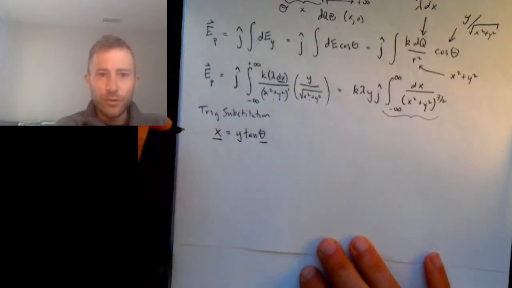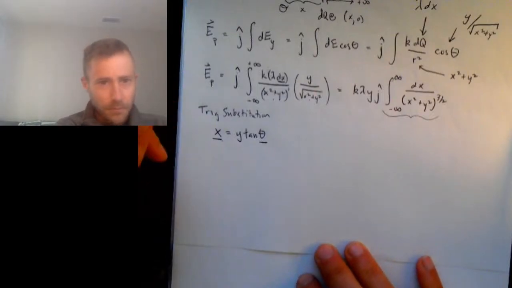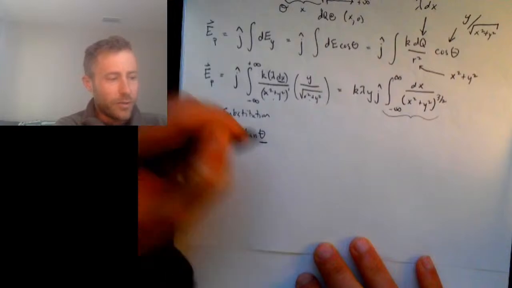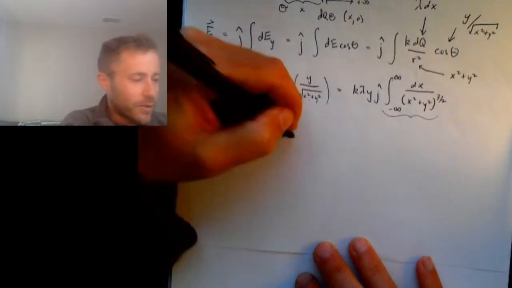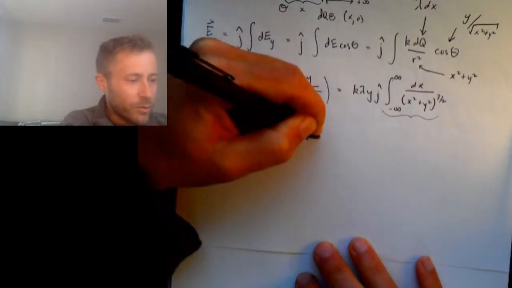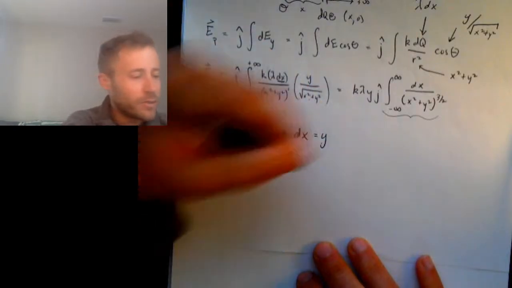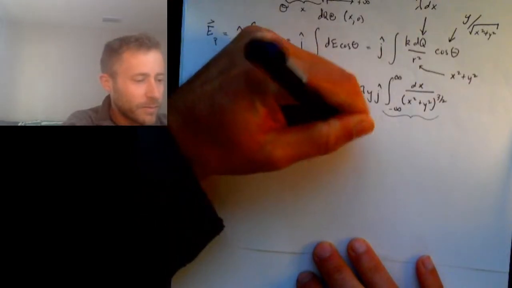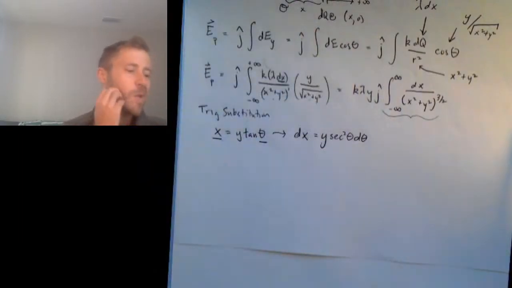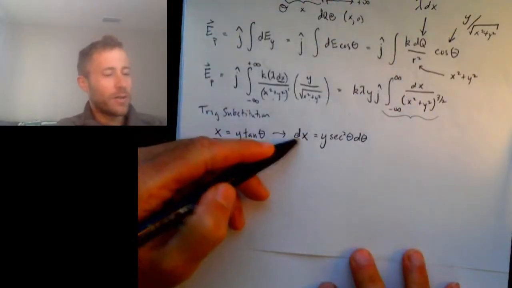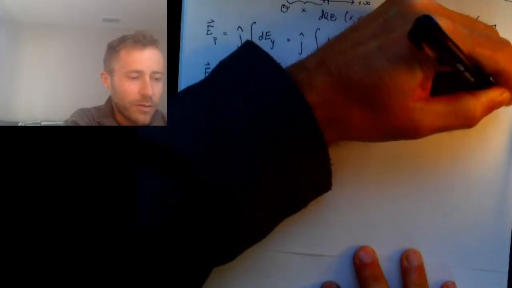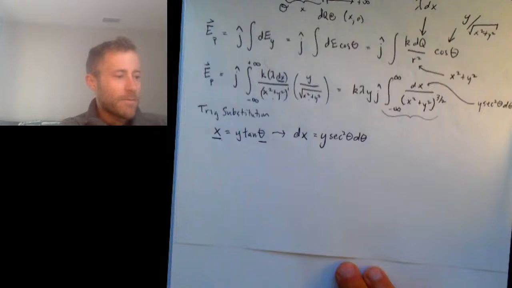It's a bit like u-substitution. Taking the derivative of both sides with respect to theta gives dx equals y times the derivative of tangent, which is secant squared, d theta. That tells me what dx is going to become: y secant squared of theta d theta.